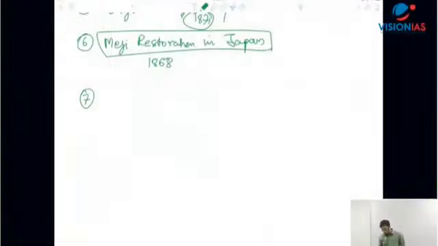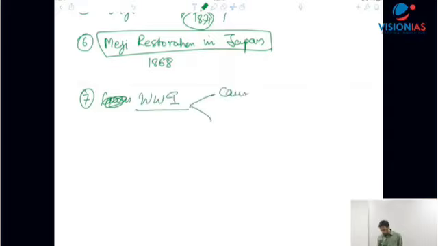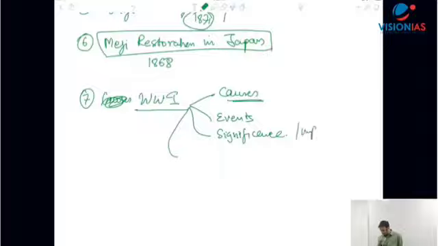Also, what we are going to talk about firstly are World War I, the causes of World War I, some of the major events of World War I, and the significance of World War I, or the impact. That's the same thing.